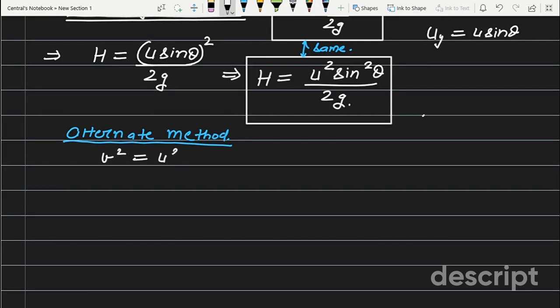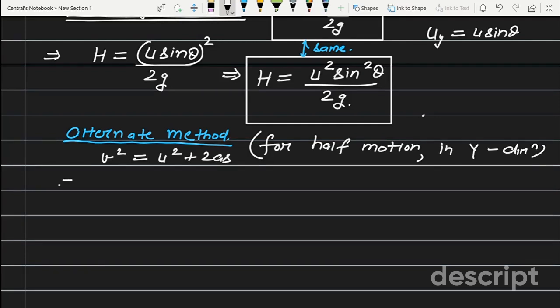In the alternate method, we will write v square equal to u square plus 2as for half motion in the y direction.